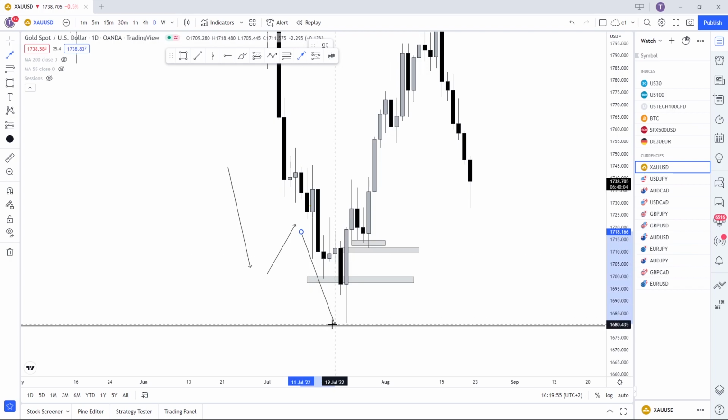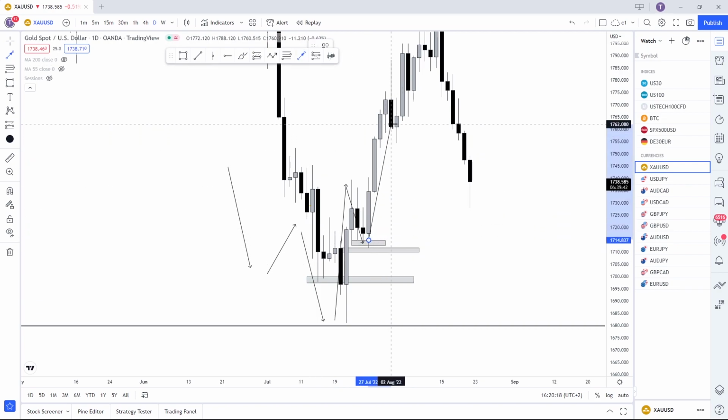Came down to this point, broke this high. This is not a perfect head and shoulders, but it broke, came down to this area right here, and shot up.